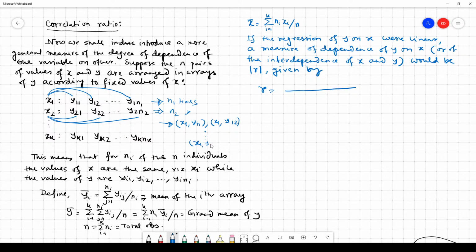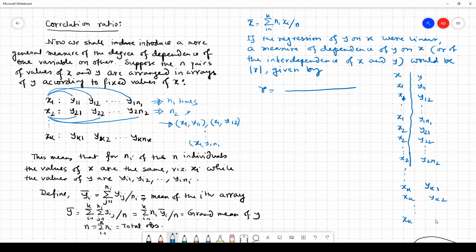Okay, so just arrange this data in that way: x2 y21 up to y2n2, and xk yk1, xk yk2, up to xk yk nk.